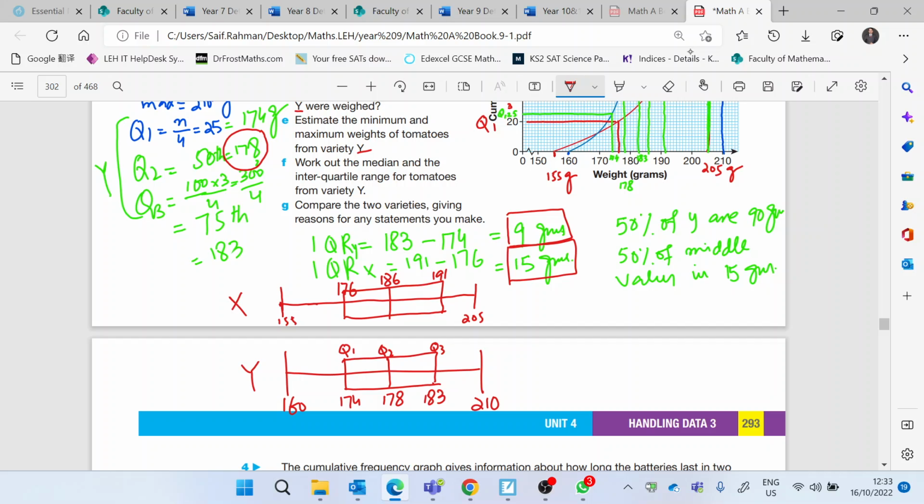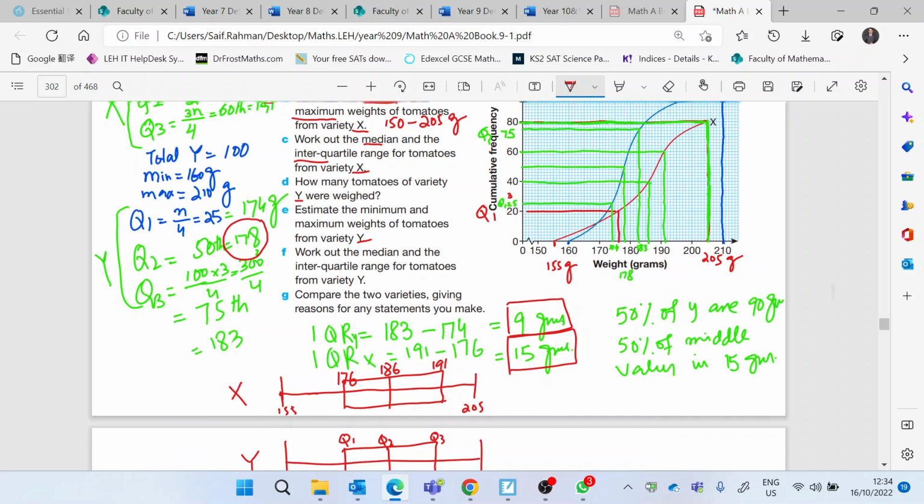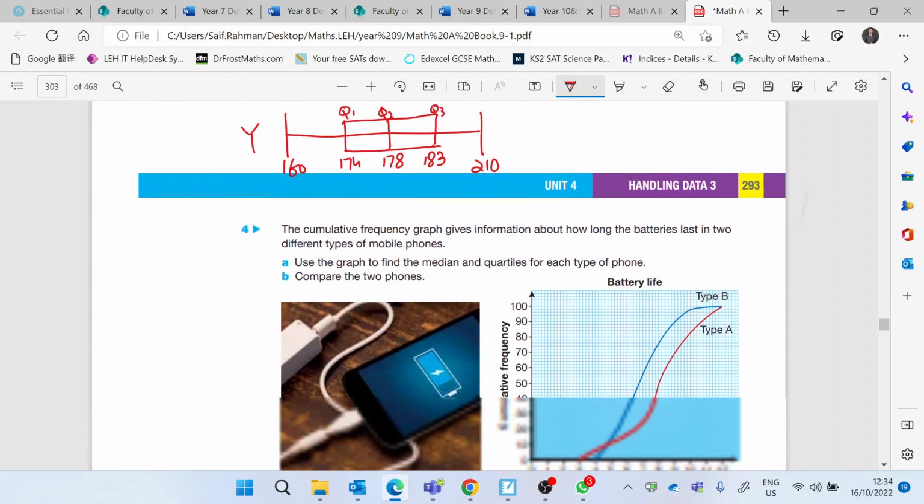They do not have much spread for the 50%, and the median for the X values is higher as compared to the Y values. Here you can see 186 and 178, but overall the maximum height is less for the X-axis. So you can draw comparisons from this graph.